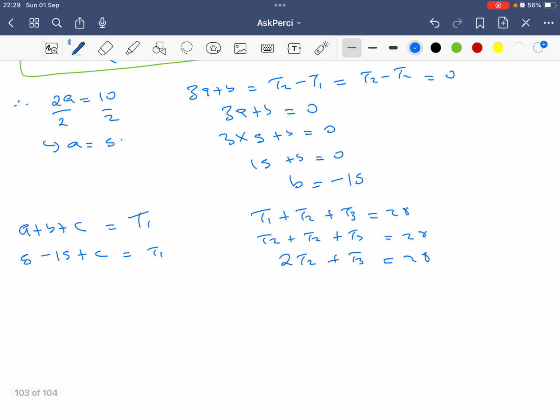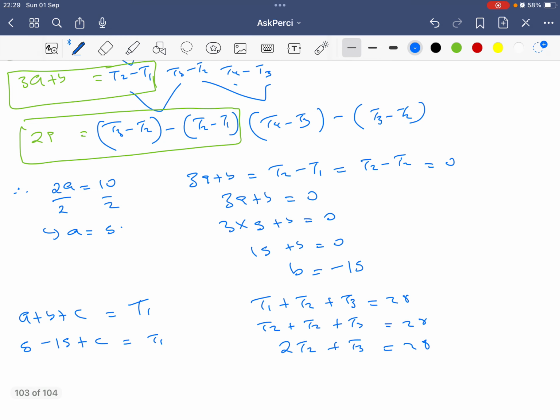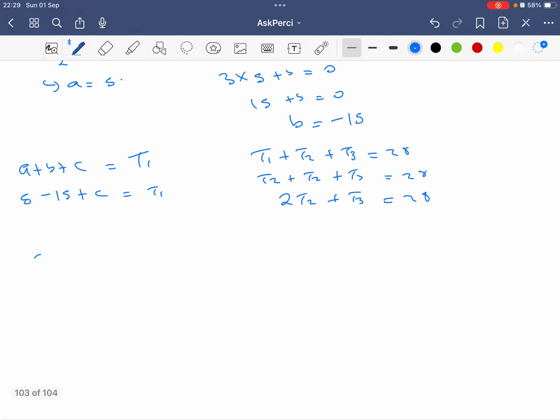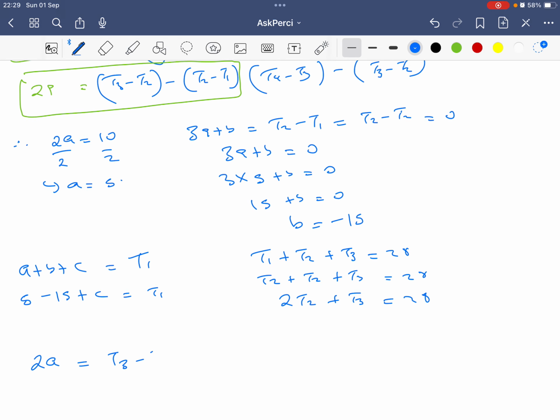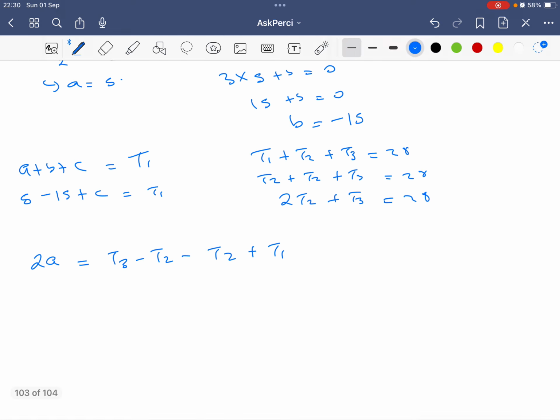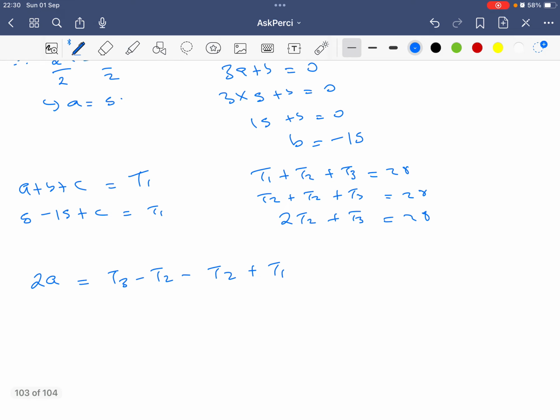Again, we know this information. But there's something else we can figure out. If we come back here, we know that 2A is equal to T3 minus T2 minus (T2 minus T1). Let me know if you don't understand that. And 2A is essentially 10, right?